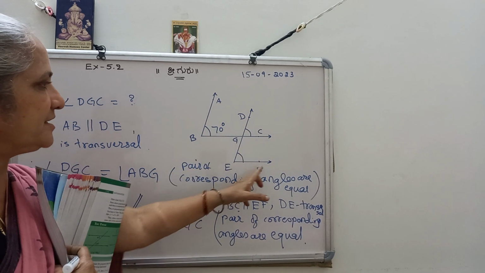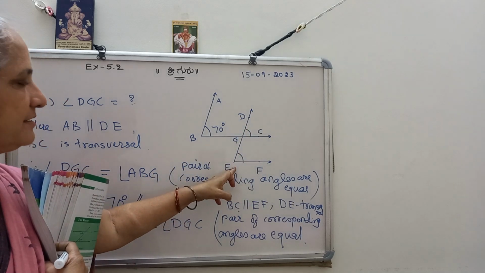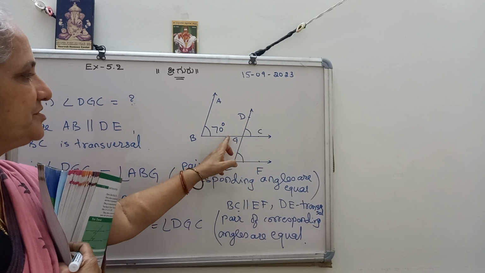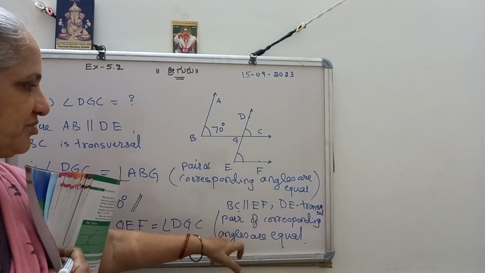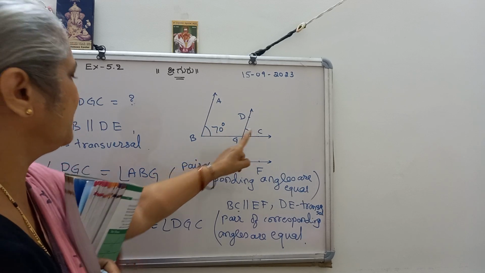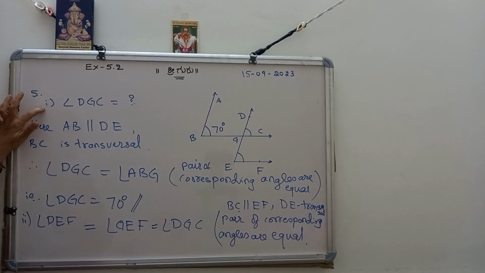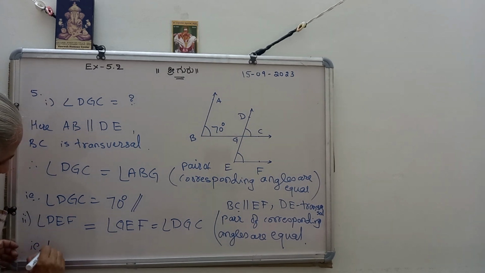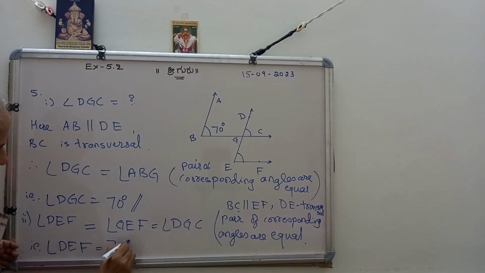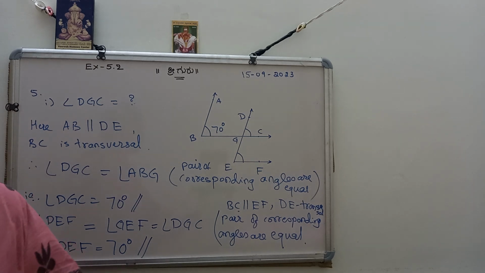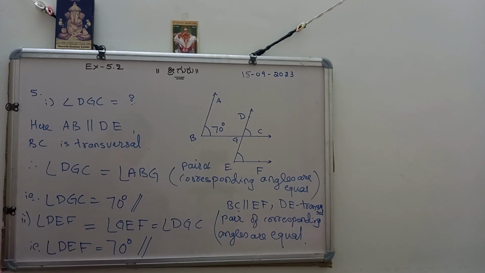Therefore, DGC is equal to GEF. Pair of corresponding angles are equal. We know that DGC is equal to 70 degrees because in the first question we found it. We can directly write angle DEF is equal to 70 degrees. Did you understand? Now try the fourth one.